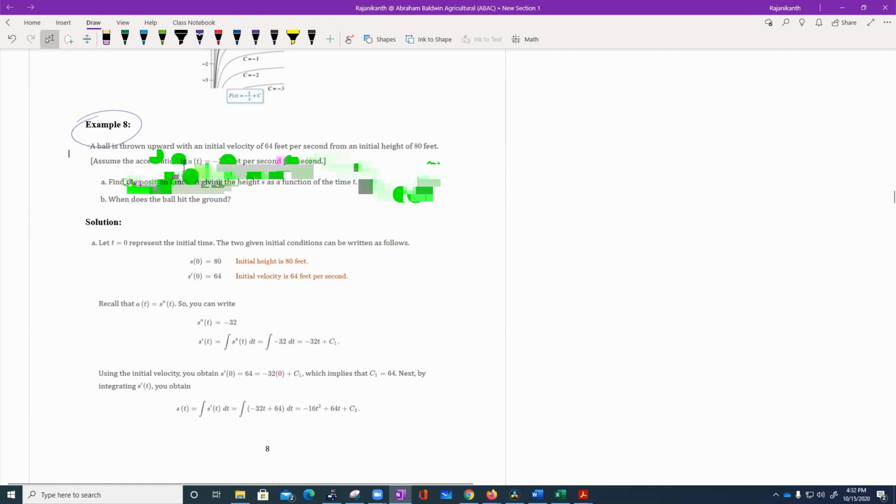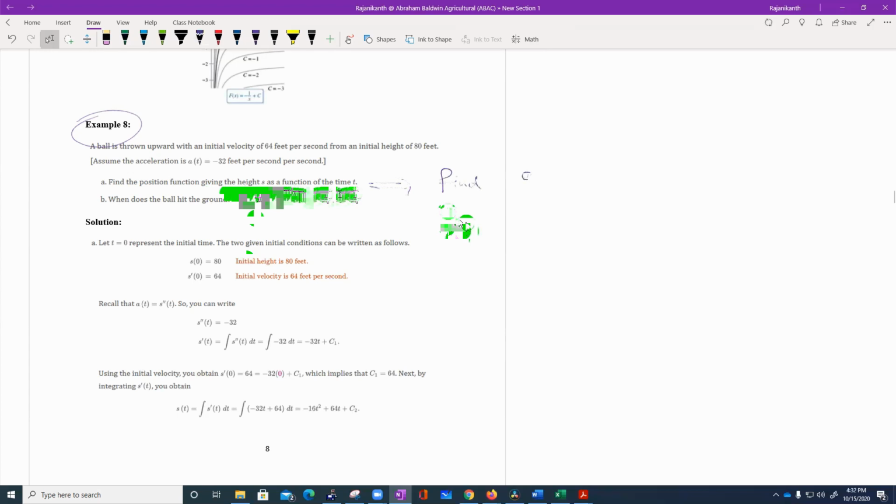So you are given the acceleration function. Find the position function giving the height s as a function of the time t. So what are they telling? They are asking us to find a position function s that is also a function of time t. When time varies, of course, the position of the object is also going to vary, right? Therefore, s(t) is a function of t.